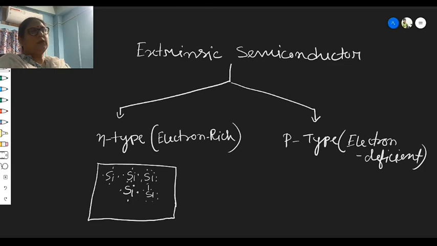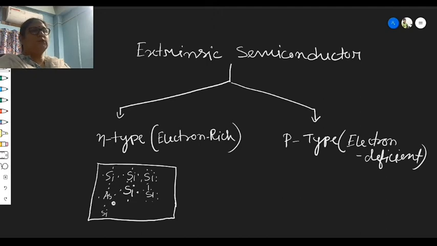Now this is a pure silicon crystal, and now we are going to add a new element here, and that element is present in, say, group 15. For example, arsenic, where the number of valence electrons is 5. So it will combine with 4 silicon with covalent bonds. Say here we have silicon.